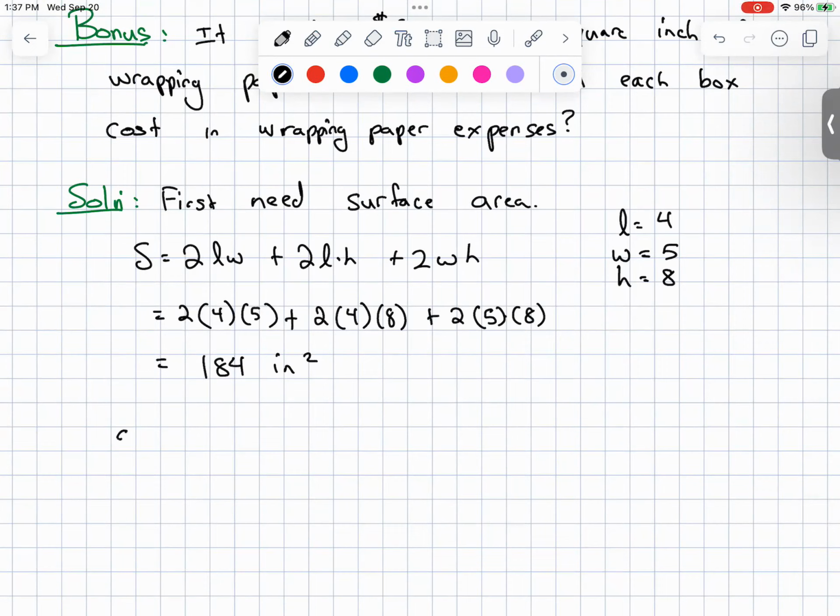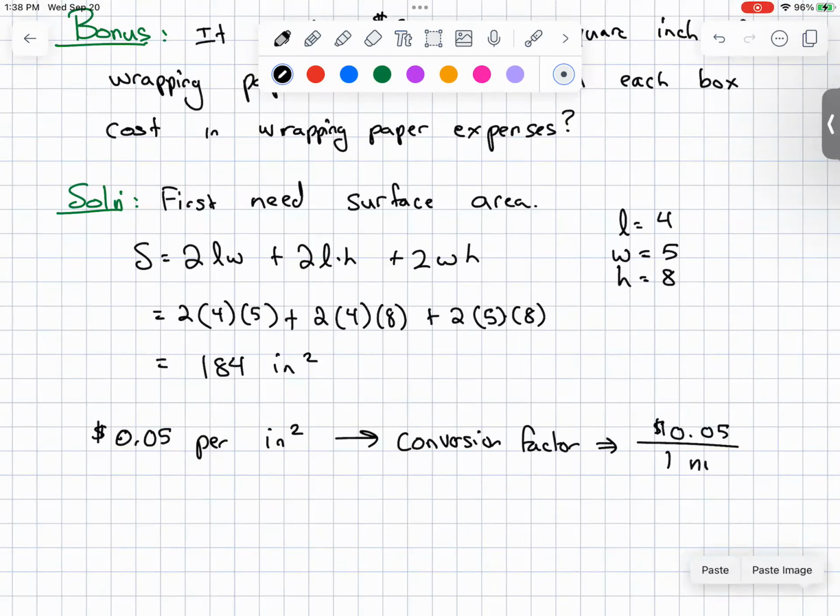And recall, it's $0.05 per inch squared. That's a unit fraction, a conversion factor: $0.05 for every 1 inch squared. So we're back to section 1.4. We're doing a unit conversion.